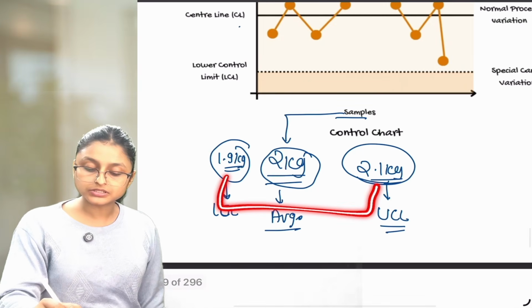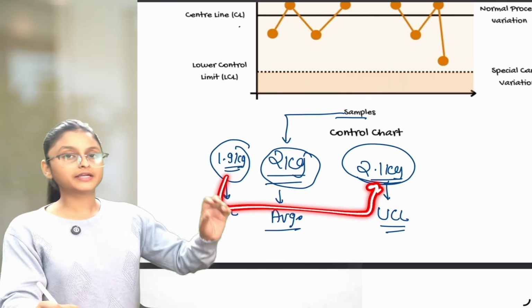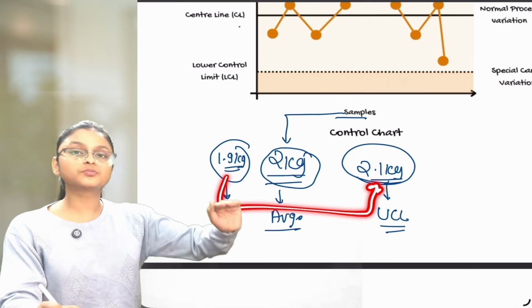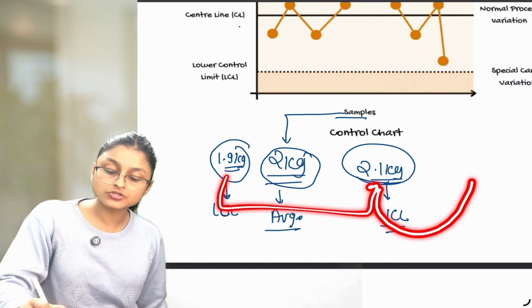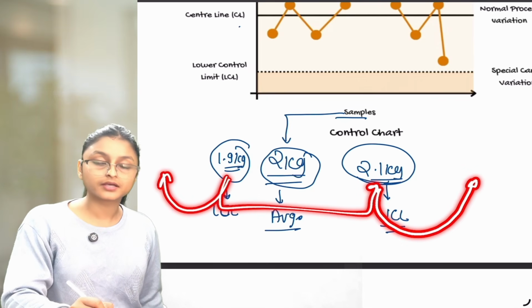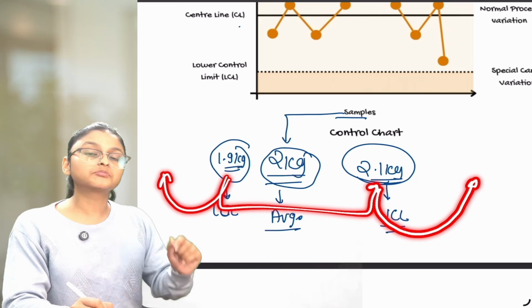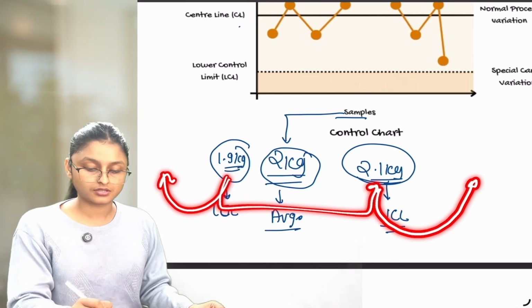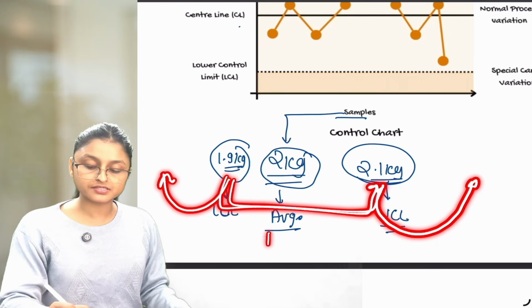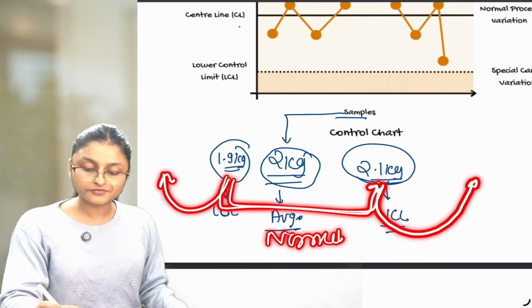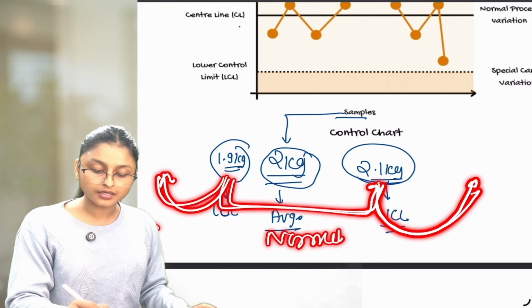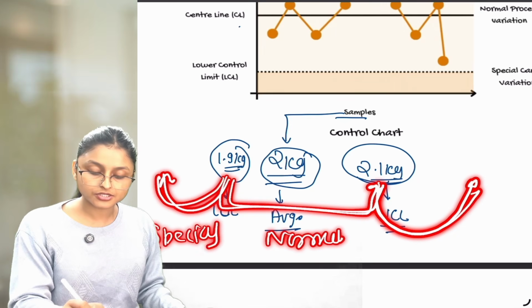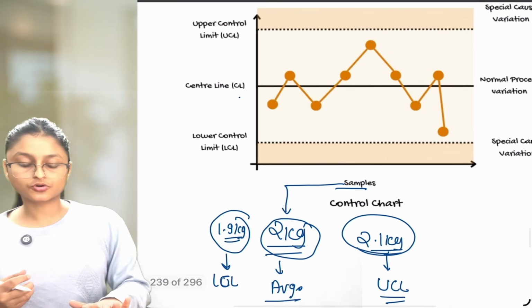Because if the product stays between these limits, it means our process is working normally. But if it goes above or below, then it is said that there is something abnormal, due to which the variations are special. So variation between these limits is treated as normal, but if it goes above and below, it is treated as special variation.